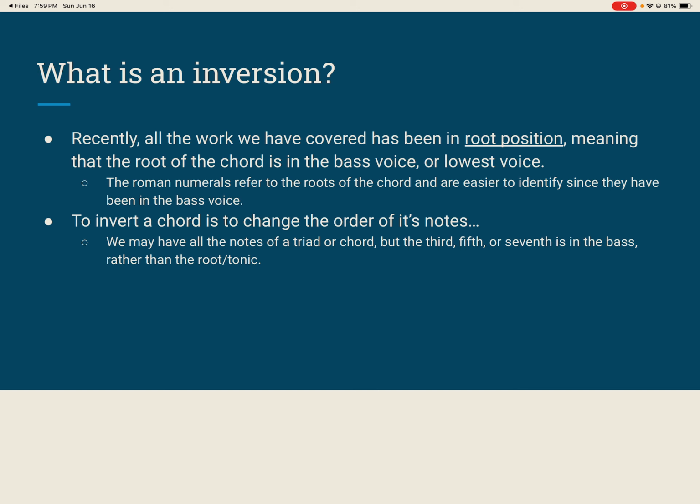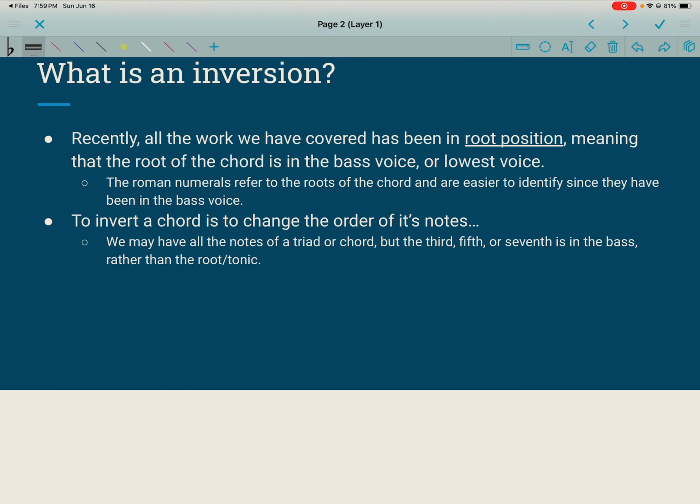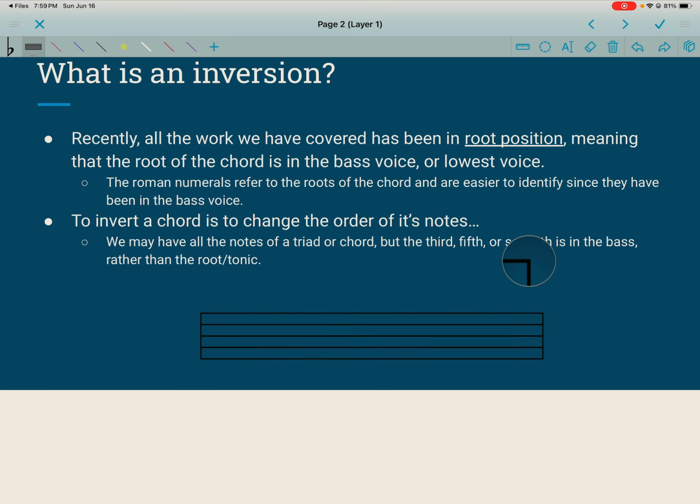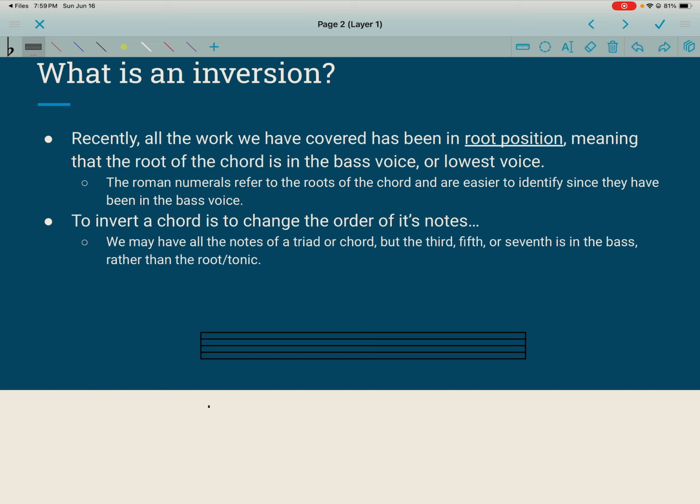So when we were looking before at our grand staff, I'm just going to draw out a fake grand staff over here.